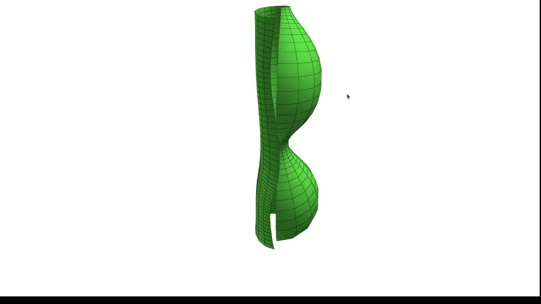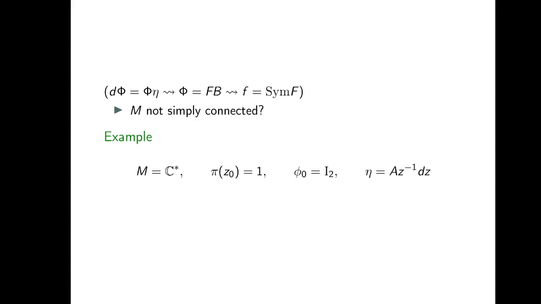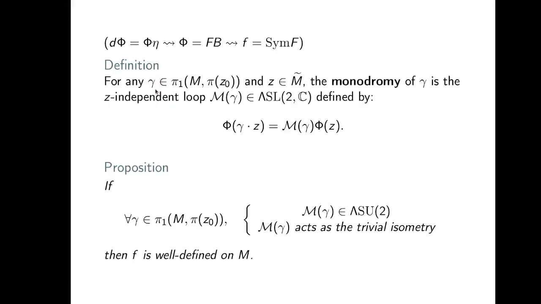So it's not well defined on M, only on the universal cover M tilde. We thus have a period problem also in the DPW method, and because the first step of the DPW method is to solve an ODE of this form, the period problem will take the form of a monodromy.